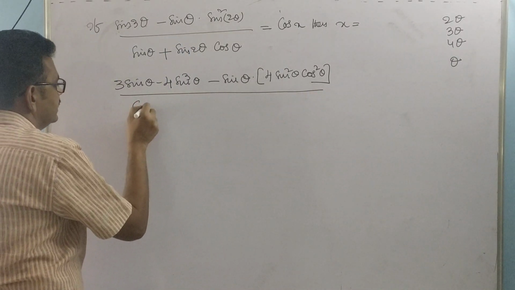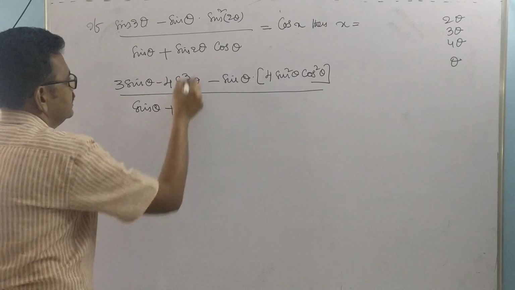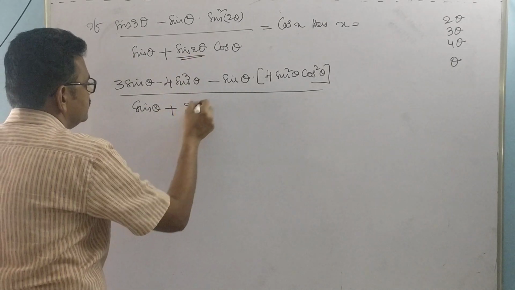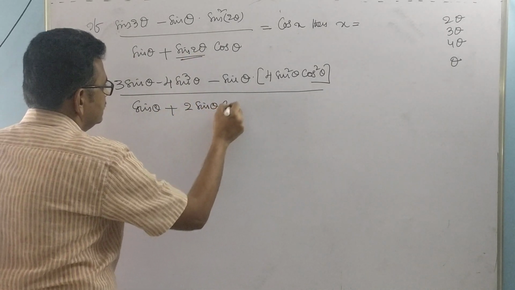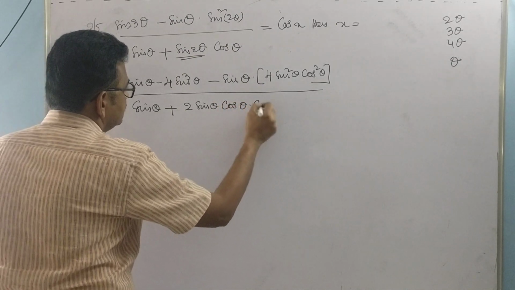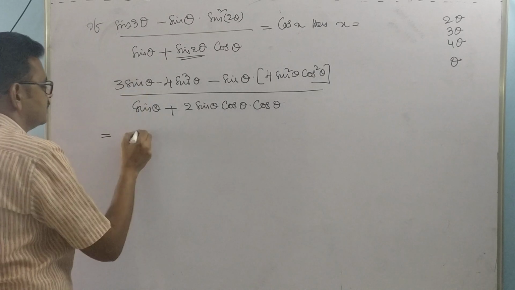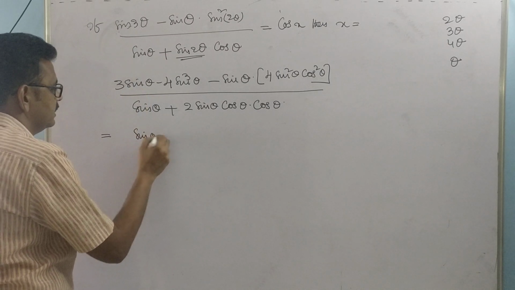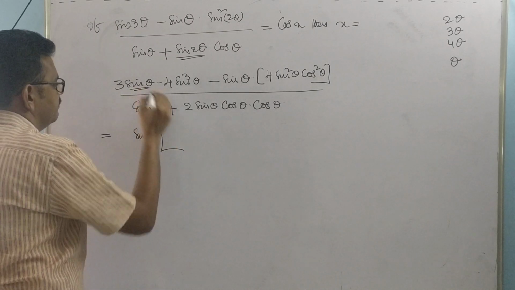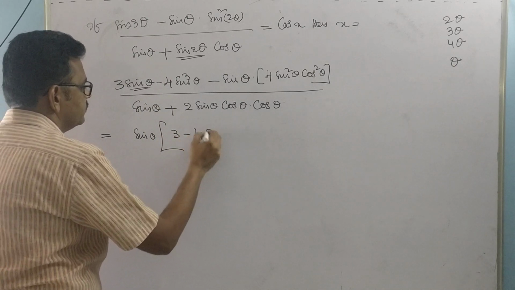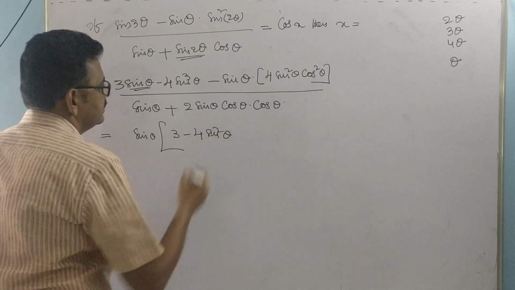so this is sin theta plus sin 2 theta formula, 2 sin theta into cos theta into cos theta. Here sin theta is taken common, 3 minus 4 sin square theta.